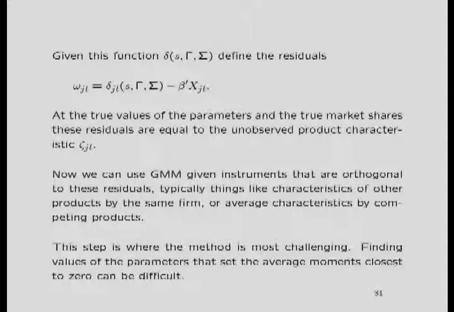But now, not only do we want to find a set of deltas that fits the market share, we want to find a set of deltas such that the difference between delta_jt and beta prime x_jt is uncorrelated with a bunch of other things. That's where this is going to be really challenging, and where computationally this is very demanding. But at least in principle, people have used this a fair amount and gotten it to work.